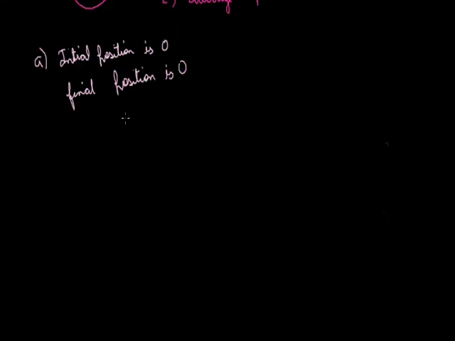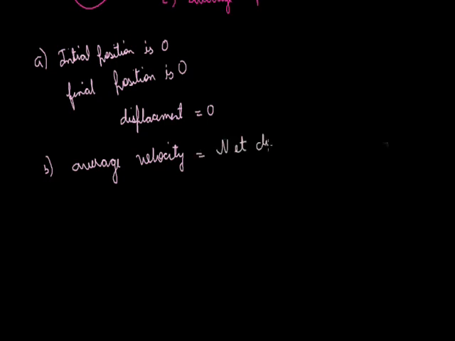So the displacement covered by the cyclist is 0. Now talking about average velocity: velocity is net displacement upon time taken. We know the displacement is 0, as calculated above. Hence the average velocity will also be 0 meters per second.